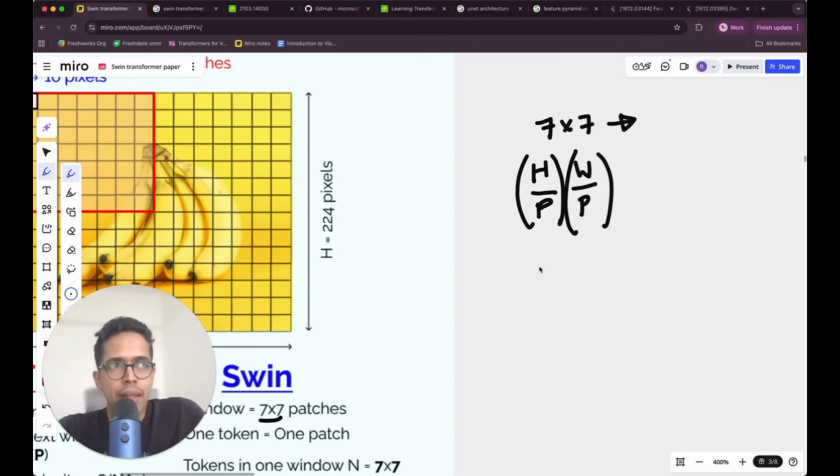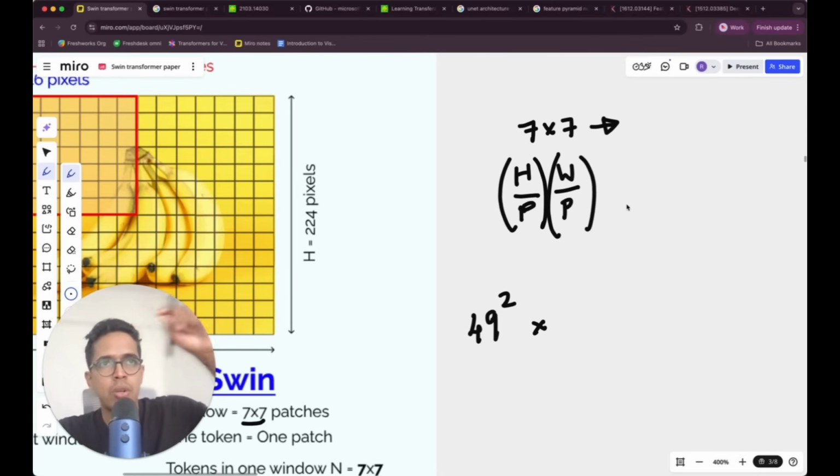Now, each window will have how many patches? 7 by 7, which means every window will be 49 squared. That many query key value pair dot products I'll have to do. Like that, how many windows are there? Total number of windows is equal to total number of patches along the row divided by windows along the row.